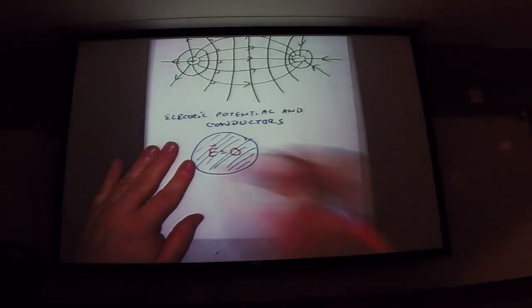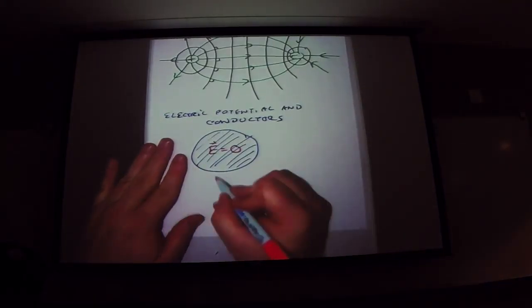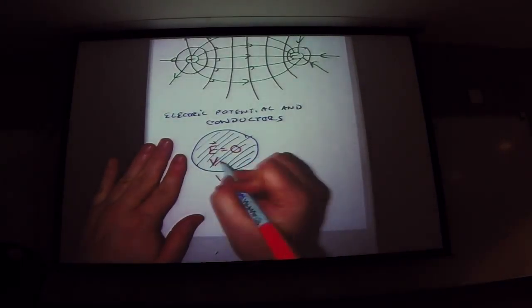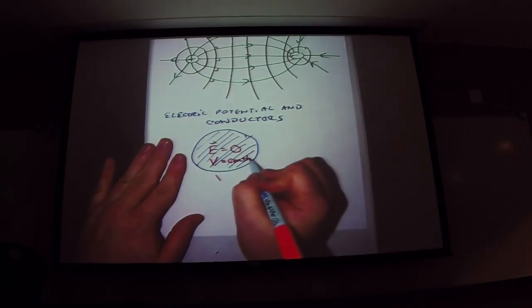So E is equal to 0 and the voltage is constant. So any conductor in an electrostatic situation where the charges are not continuously moving, the voltage is going to be constant throughout the conductor.